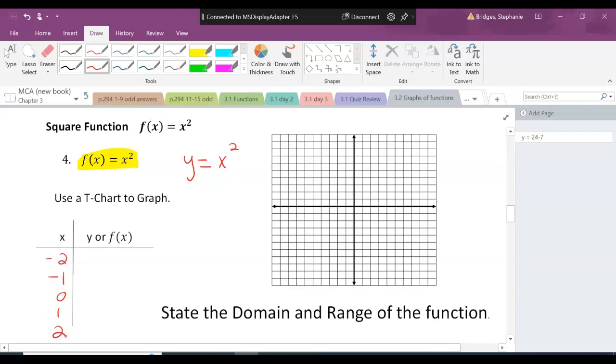And remember, whenever you're plugging in for x, the whole thing gets squared. If you're using a calculator to determine what the square is, make sure you put the negatives in parentheses with the square on the outside.